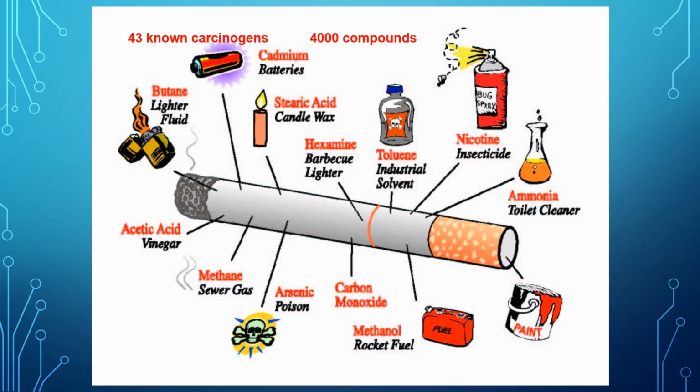It includes stearic acid, cadmium, nicotine, toluene, ammonia, paint, methanol, carbon monoxide, arsenic, methane, acetic acid, plus butane. All these are carcinogenic agents for oral cancer.